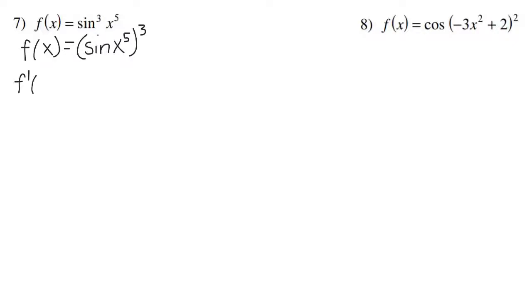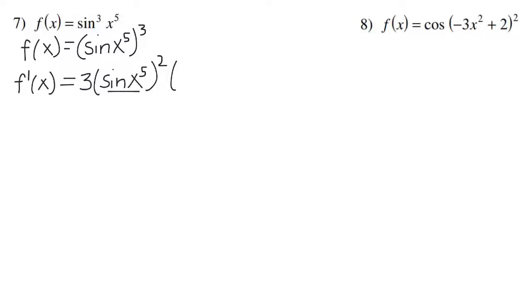F prime at x equals, we have to address this power rule business first. So that's going to be 3 times parentheses sine x to the 5th, all squared. Y'all see how that's the outside? Power rule outside. Now start derivatizing the inside. What's the derivative of sine of that angle?